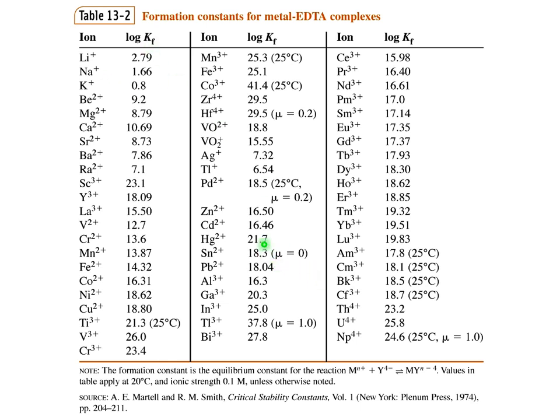Other 1 plus ions like thallium and silver also form relatively unstable complexes. All other compounds are very stable. 2 plus ions, 10 to the power 10 or 10 to the power 16, with copper 10 to the power 19. With 3 plus, we easily come to enormous numbers like 10 to the power 25.